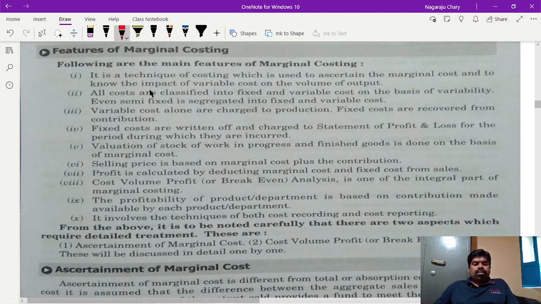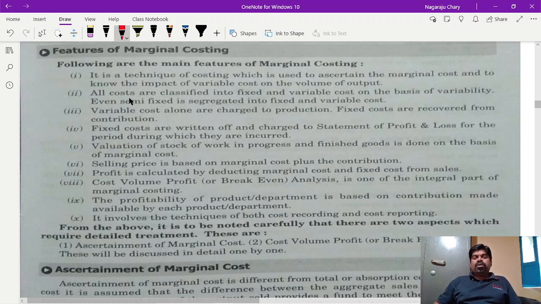It is a technique, that we know. So absorption costing is a method and marginal costing is a method. This marginal cost is taken because variable cost may affect the volume of production. So that is a feature.